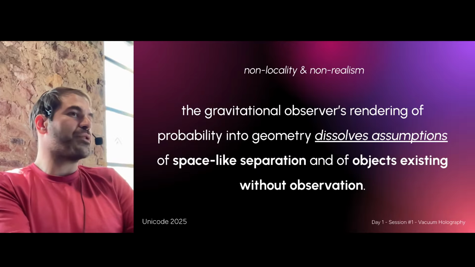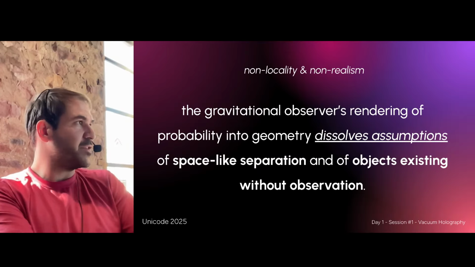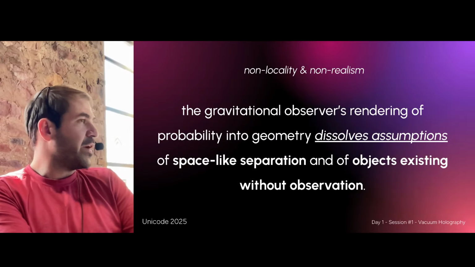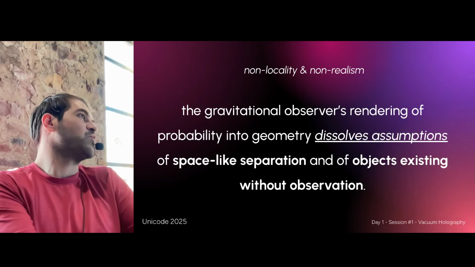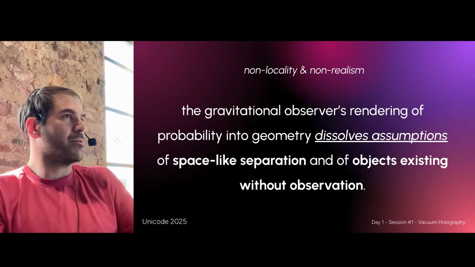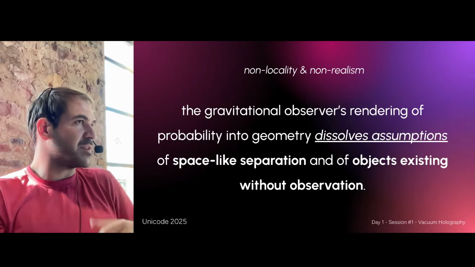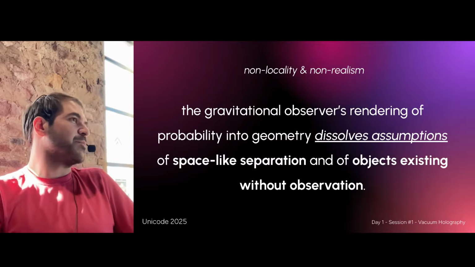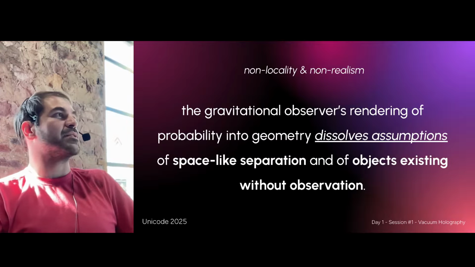Because you can't actually have space-like separation being real if physics is currently at a crux, because it has to make this decision. And this is a very big decision for it.